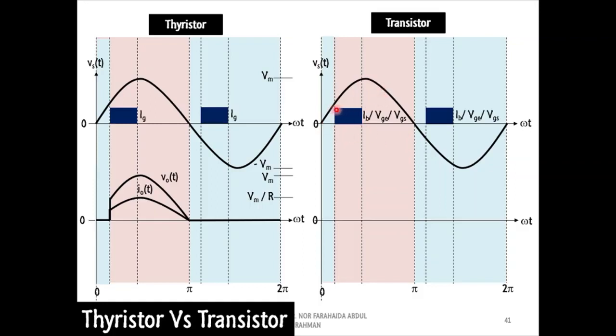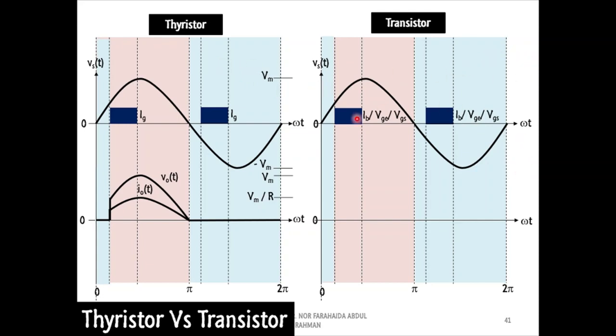Before the gate signals, the color of the region is light blue. It means that both power switches are in reverse bias and turned off. Moreover, based on the color of the regions, we can see that both power switches are also in reverse bias during the negative half cycle of the supply voltage.